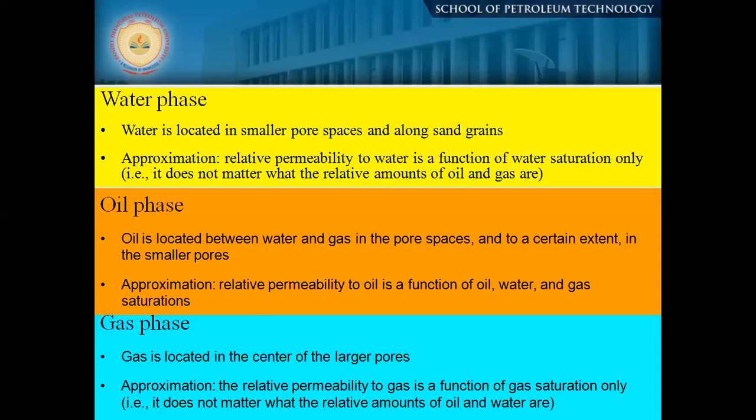Gas will flow when the central position of each and every pore is occupied by gas and they make a continuous phase, isn't it? So gas saturation will dictate the gas flow, water saturation will dictate the water flow, but the oil saturation alone cannot dictate the oil flow. It is the contribution of all the saturations together.